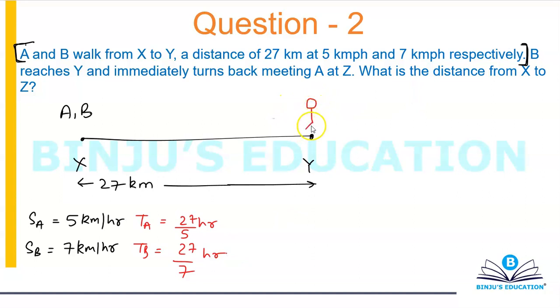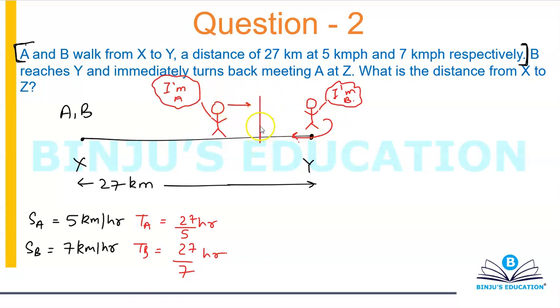Let me draw B. So here's B, and when B would be at Y, then A would be somewhere between X and Y. Now B would turn back, A would continue in its path, and they're going to meet somewhere here.